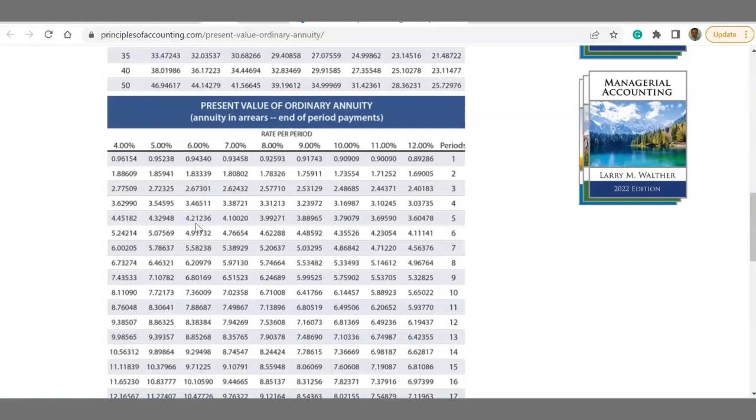Then multiply that by $128,000 times 4.21236, and that ends up to be 539,182.